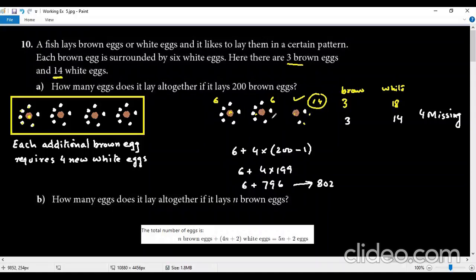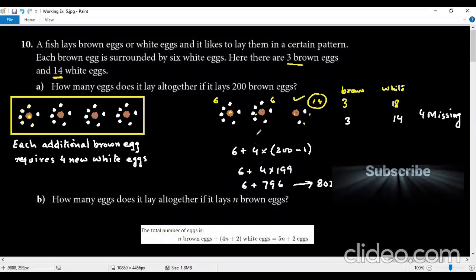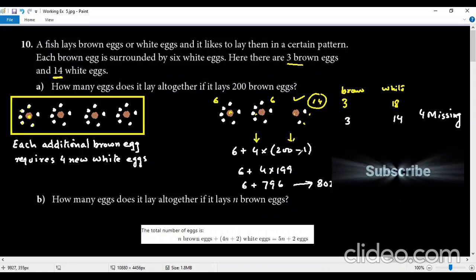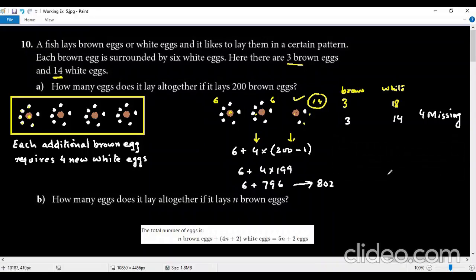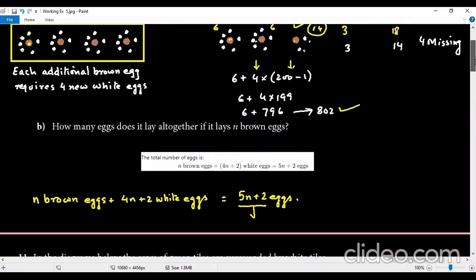So that means 6 plus 4 times 200 minus 1 to make it an odd number. So that means 4 times 199 gives you 796, and you need to add 6 into it. You get 802 as an answer. Now, how many eggs does it lay altogether if it lays n number of brown eggs?